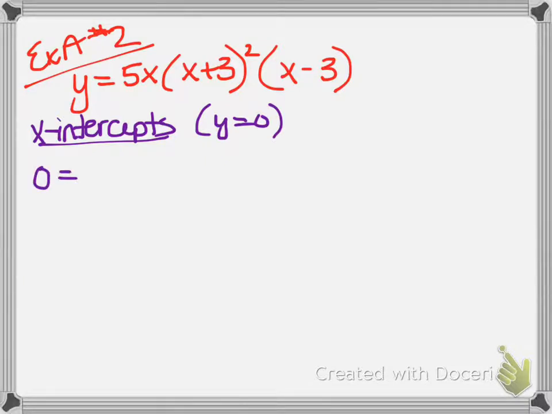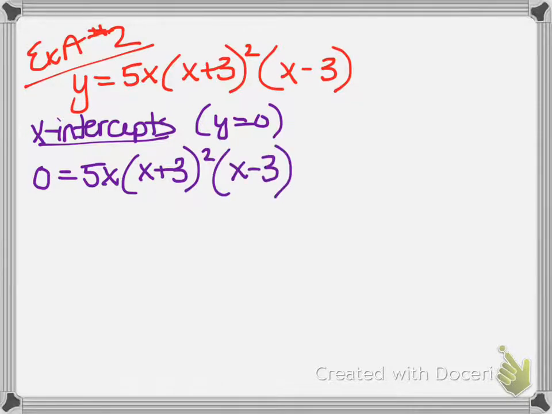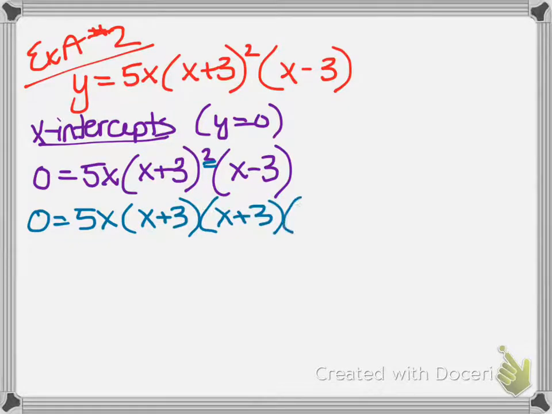So 0 equals 5x times x plus 3 squared times x minus 3. If you don't like that squared up here, what does squared mean? Well, it means you have that parenthesis twice, right? So x plus 3 times x plus 3, and then the x minus 3 on the end.